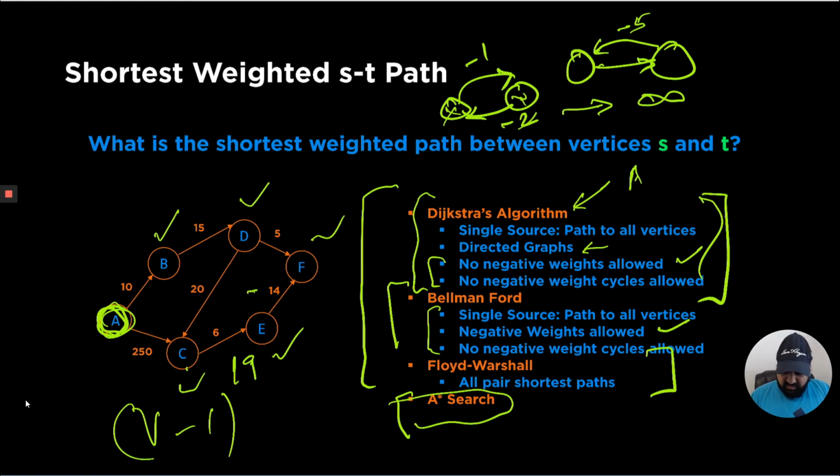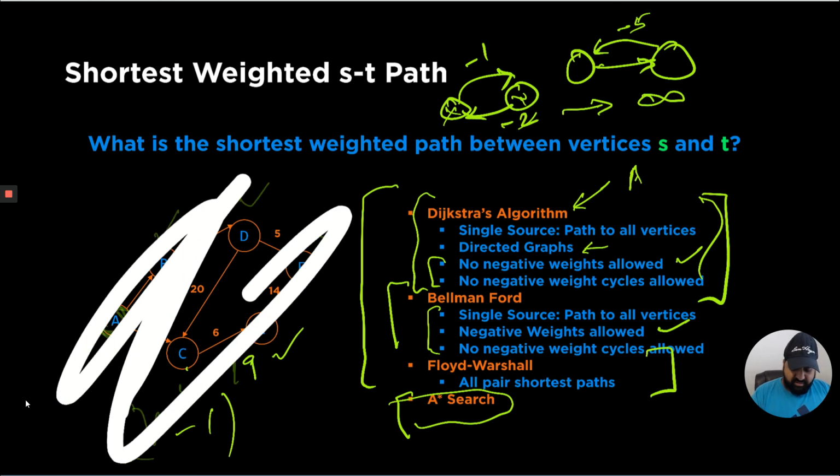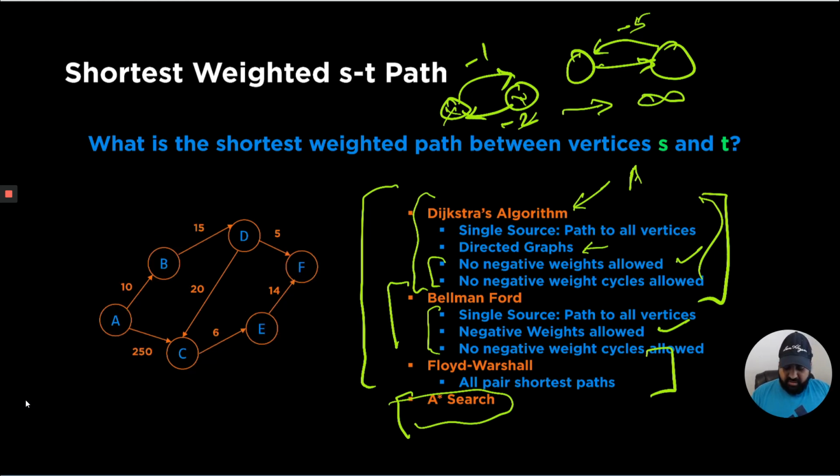Now, Floyd-Warshall is another algorithm that is one level up over Bellman-Ford because it has even fewer constraints. Now we are trying to find the shortest path between every pair of vertices: the shortest path from A to B, A to D, and then B to A, B to D, B to C, and so on. So it finds the shortest path for all pairs of vertices.